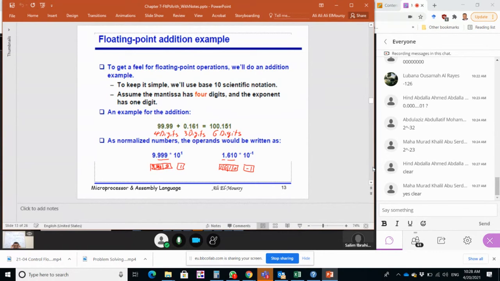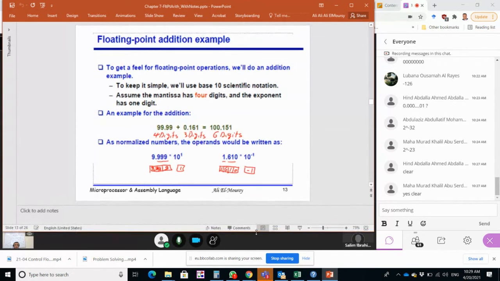So in order to demonstrate the challenges here, we need first, as I usually do, to start with an example from the decimal. Okay? So I will give an example in decimal to clarify the idea: what are the challenges that you have and what is the correct technique to perform the addition operation.